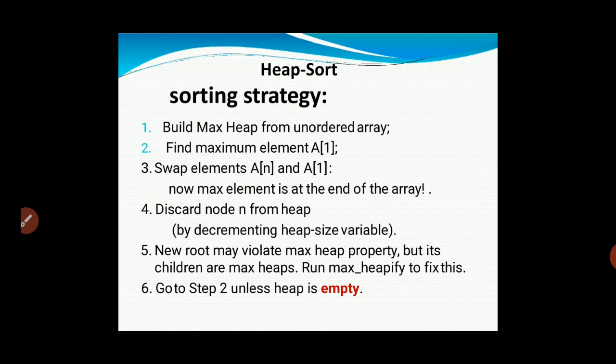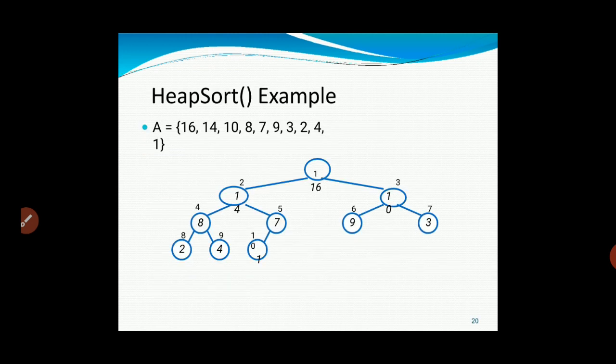After swapping, the last element is the largest value, and you cut it from the end. Store the max element at the end of the array, discard node n from the heap, and decrease the size of the heap. The new root may violate the max heap property, so we check after swapping whether the root follows it. If not, max heapify; otherwise go on to the next, until the heap is empty.